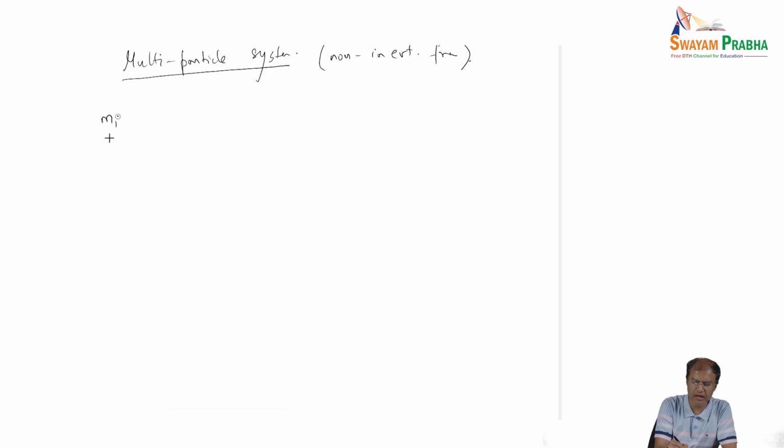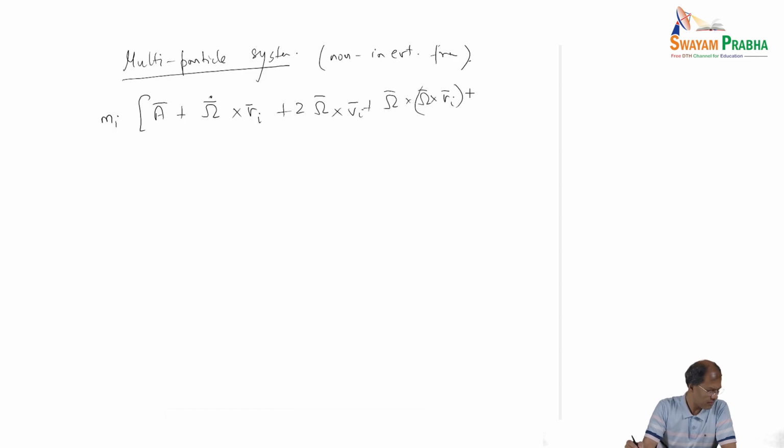So for each particle mi, we can write the equation of motion: A plus omega dot cross Ri plus 2 omega cross Vi plus omega cross omega cross Ri, right? And plus dVi dt, right?